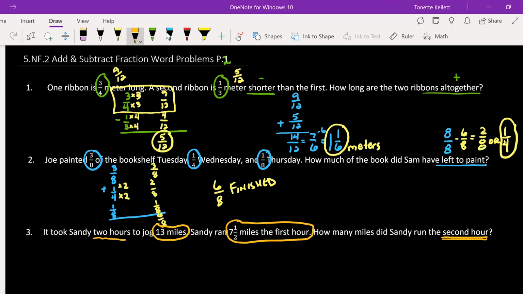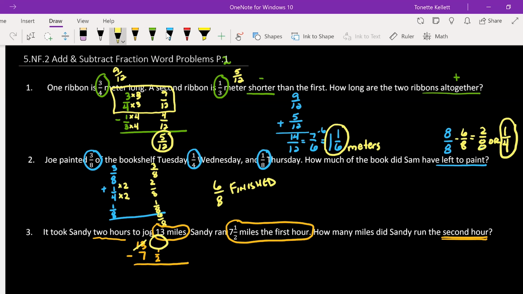So 7.5 miles the first hour plus something equals 13. So we're going to subtract 13 minus 7.5. And the other half is going to give us the answer. Well, you need a fraction right here. You need the whole.